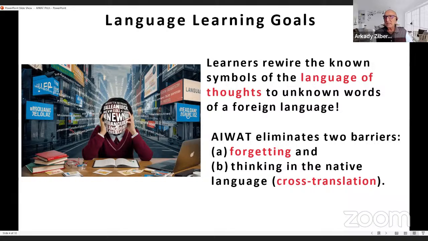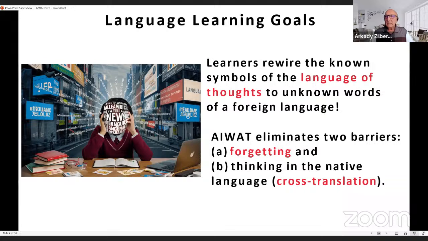Irrespective of how many languages you speak fluently, we think in the language of thoughts, which has a scientific name, mentalese, as was described by Steven Pinker from MIT in his book, The Language Instinct. The language of thoughts is always used for thinking.